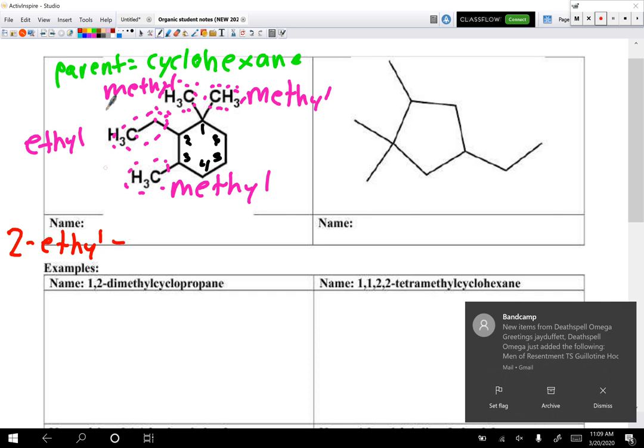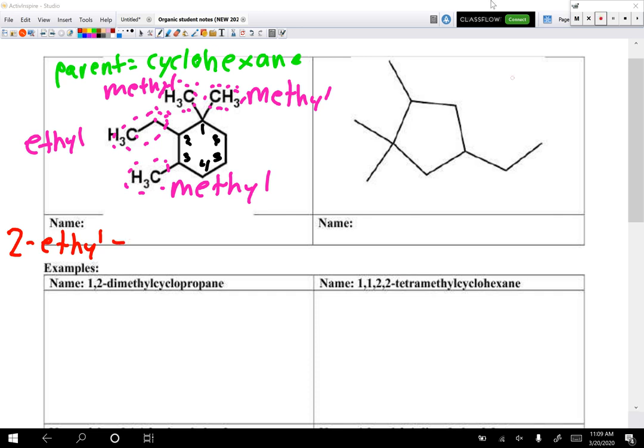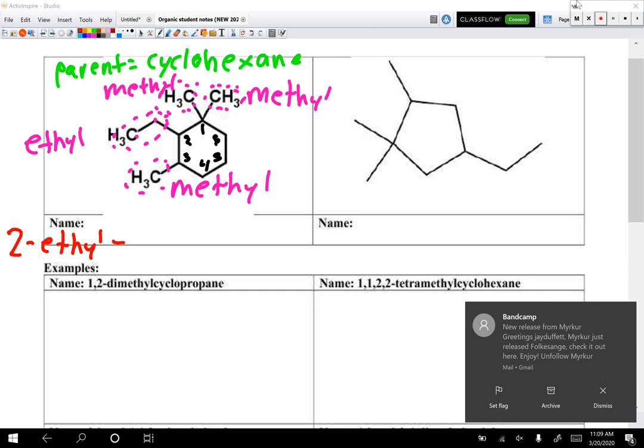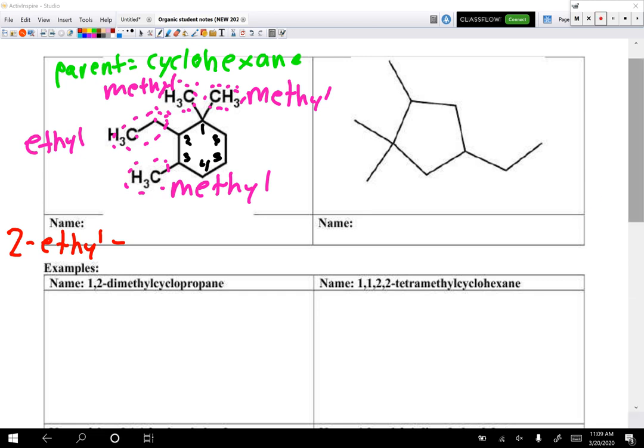So we go dash. We have methyl groups off carbon 1 and 3. Specifically, we got 2 on carbon 1. So we go 1,1, then comma 3. Now there are 3 of them. So that's trimethyl. So that is all of our branches.